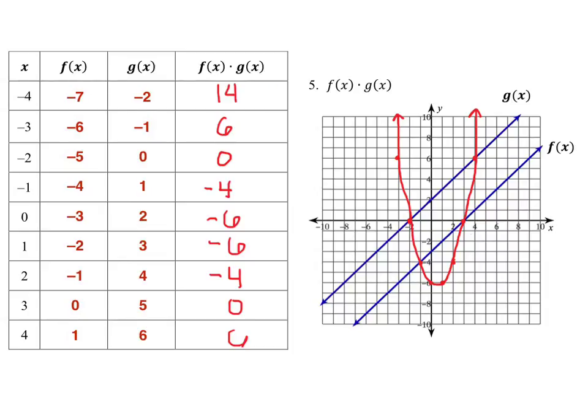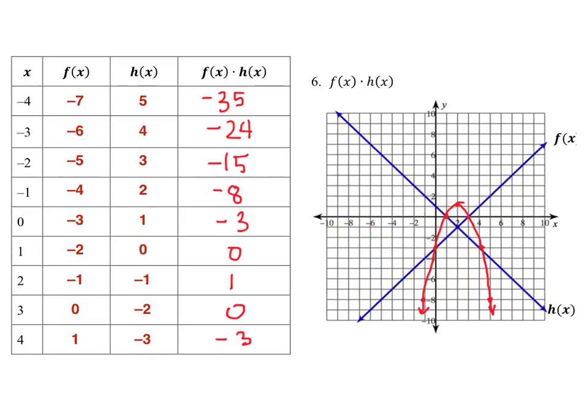If I look at the end behavior on my original graphs, on the right, both ends went up. On the left, both ends went down. Positive times positive equals positive. Negative times negative equals positive.